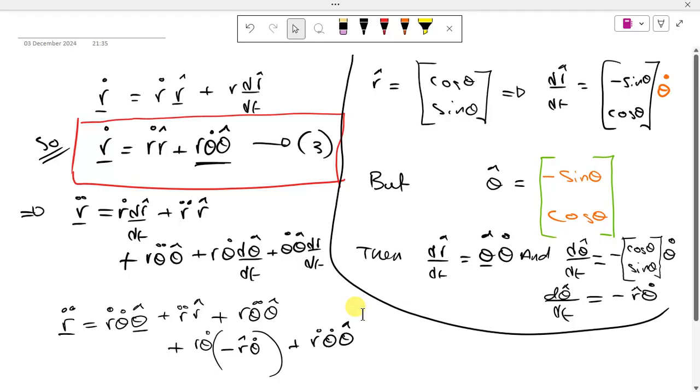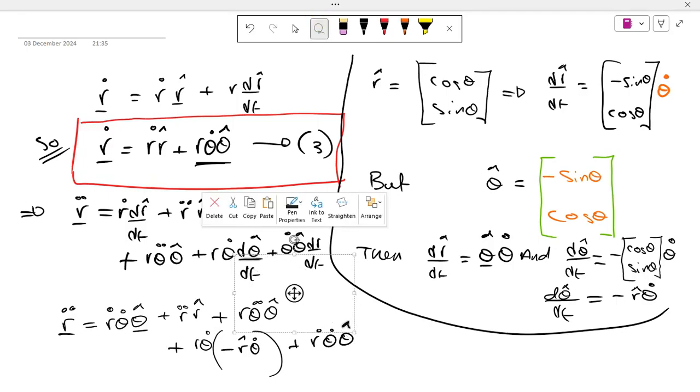So let me just cut and paste that. Let me just start again.